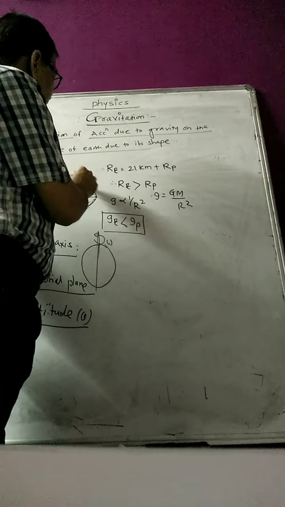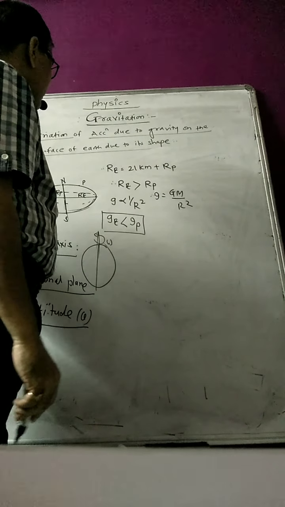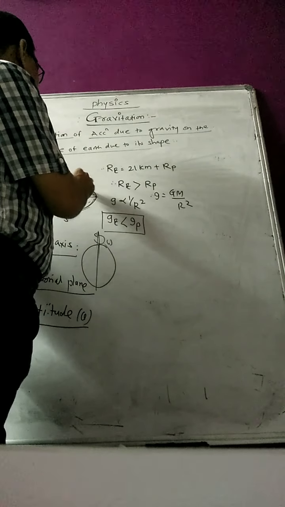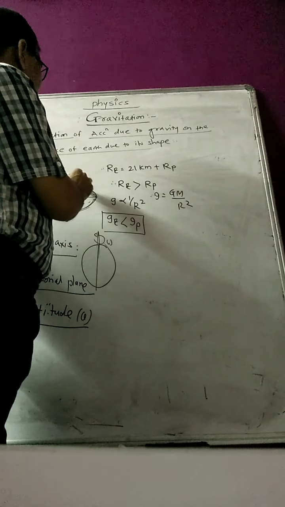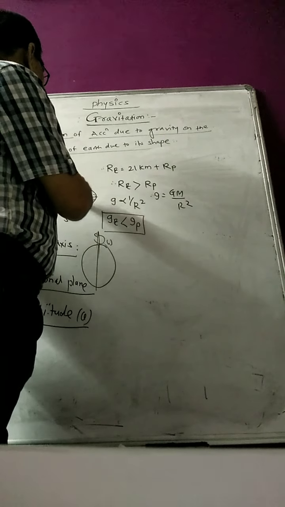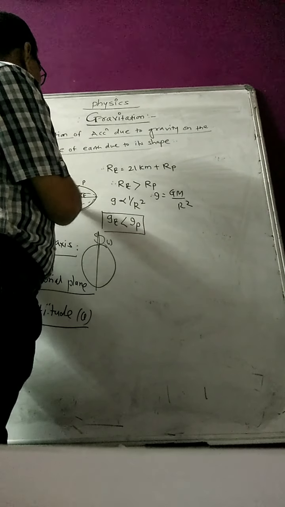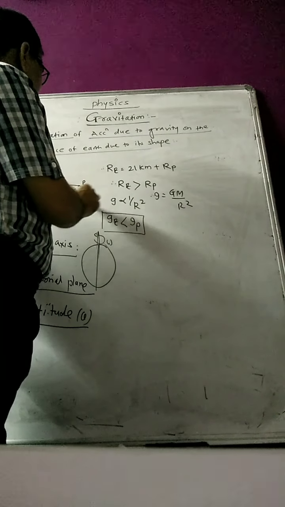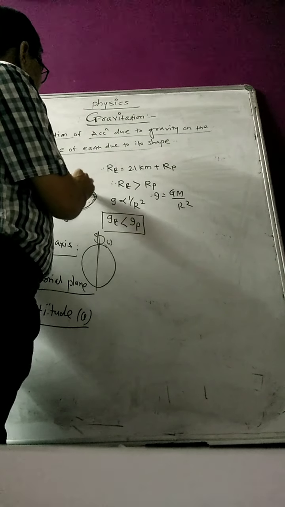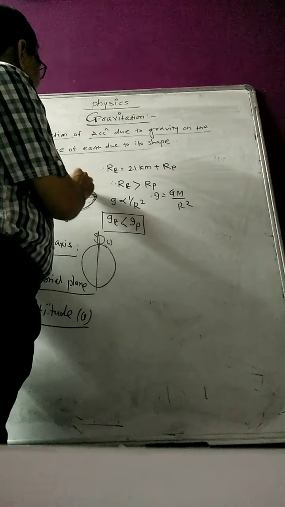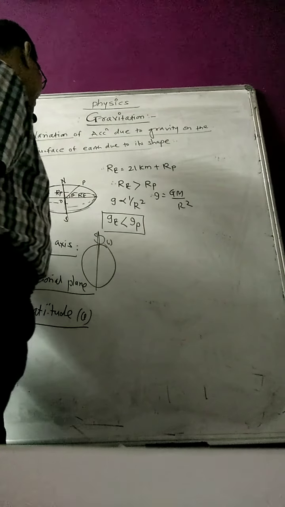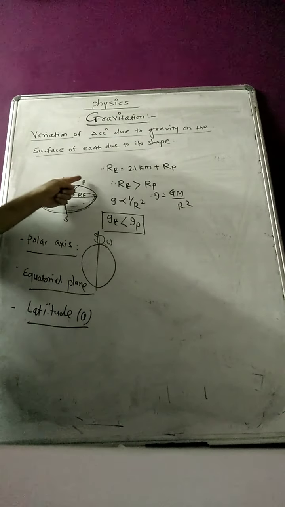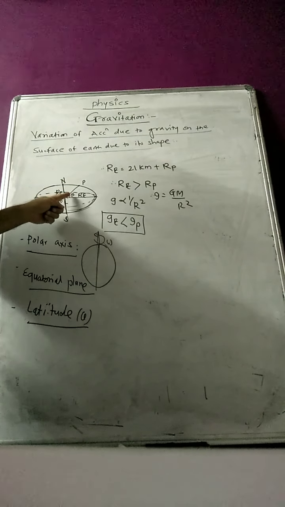Suppose this is the point P, which lies on the earth's surface, and I want to find the latitude at this point P. The line joining the center of the earth to that point makes an angle with the equatorial plane, and that is called the latitude at that point. So at this point P, the latitude will be theta.